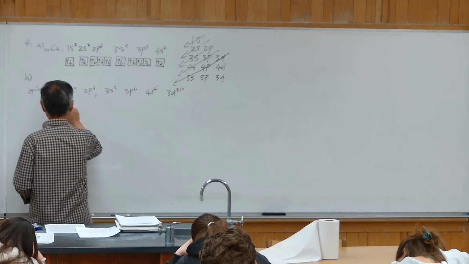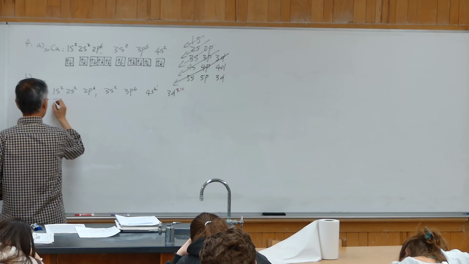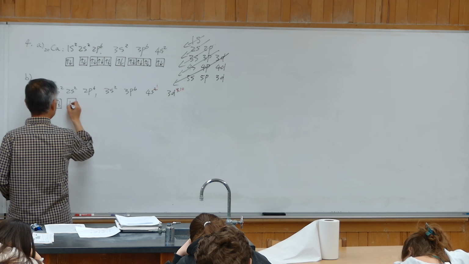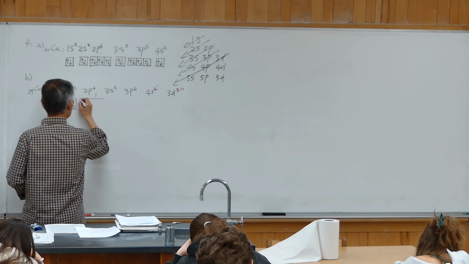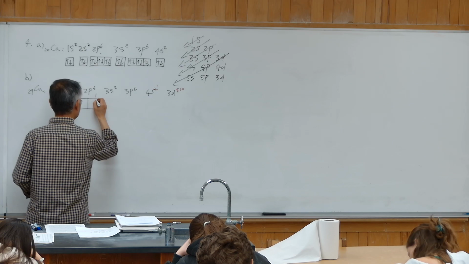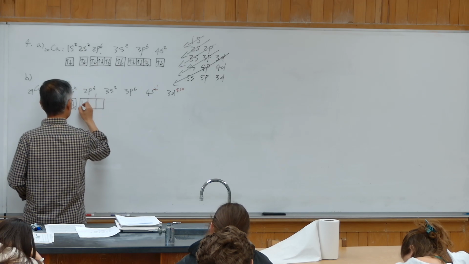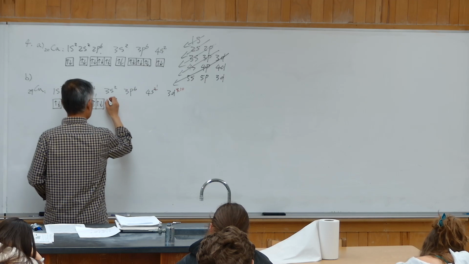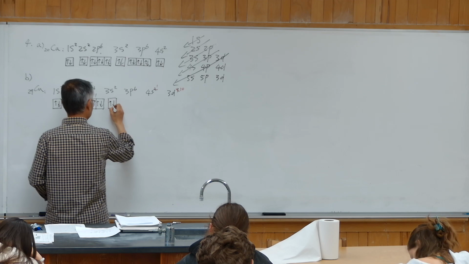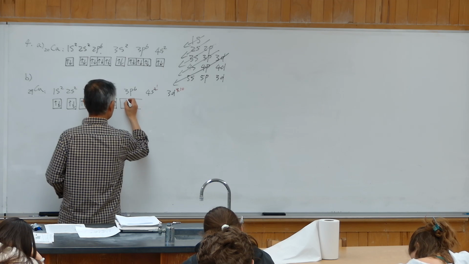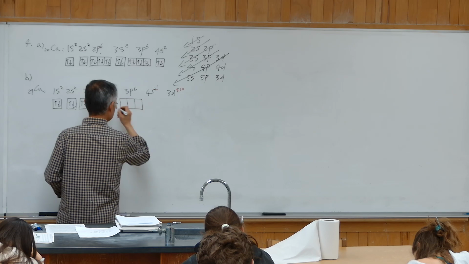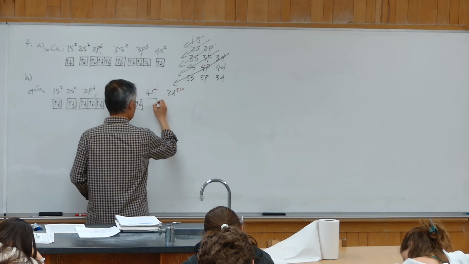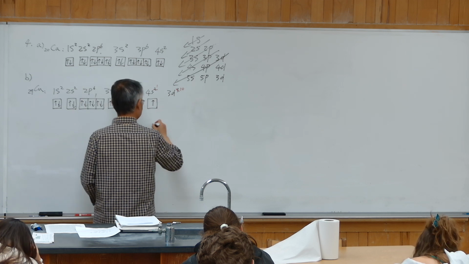So this is the electron configuration. Now we can draw the orbital diagram. 1s is 1 orbital. 2s also 1 orbital. 2p, 3 orbitals. 3s, 1 orbital. 3p, 3 orbitals. 4s, be careful, only 1 electron.